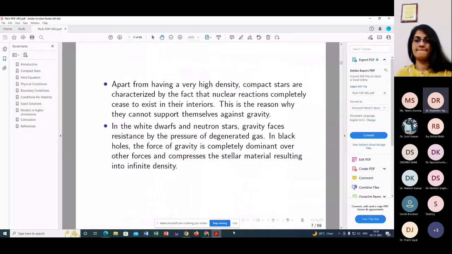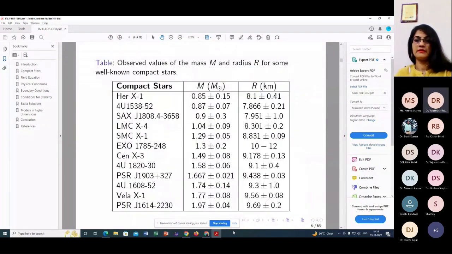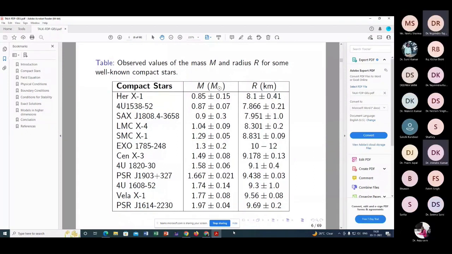so these are some non-compact stars which are discovered by many researchers. Okay, so here we can see these stars have a range of mass, which is shown in the table, and the radius, which is also given in the table. For example, suppose we have Hercules X-1.